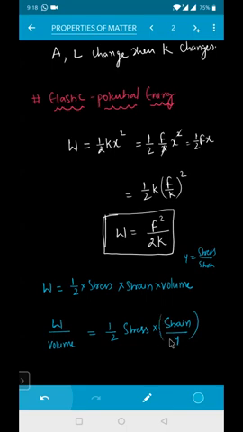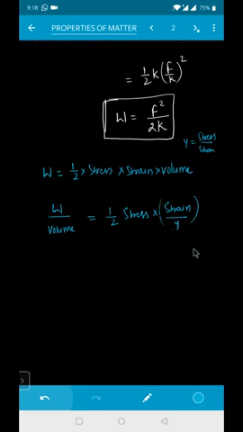That means I can write that work done per unit volume will be equal to half into stress whole square divided by Young's modulus.